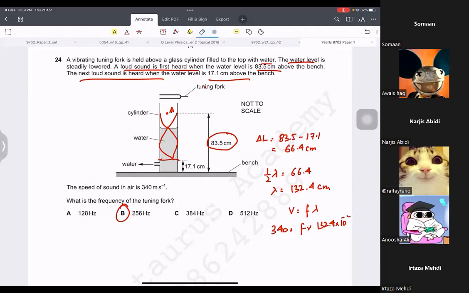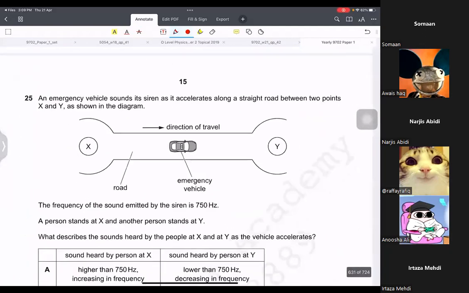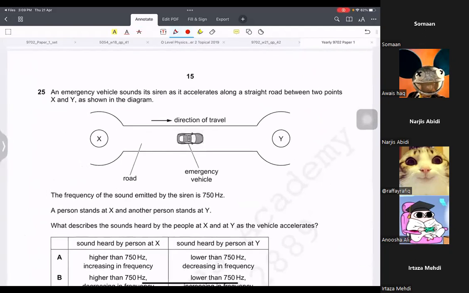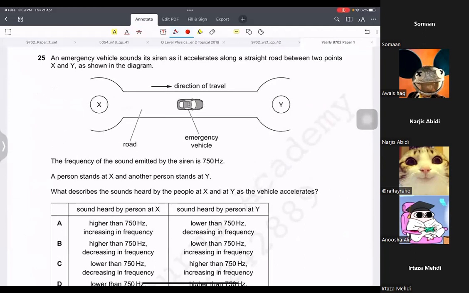When the water was here, there was a stationary wave formed. When the water was again here, there was a stationary wave formed. So the next time a stationary wave forms, the distance between this to this has to be node to node or antinode to antinode. It's still half lambda, right? Doesn't matter. So two consecutive loud sounds means it's antinode to antinode, or node to node.